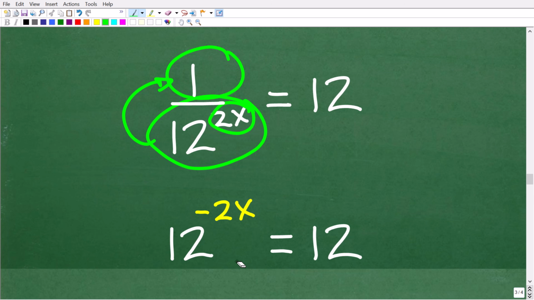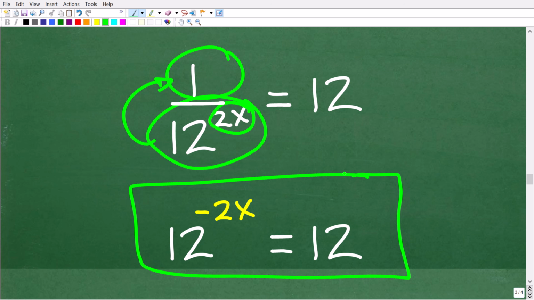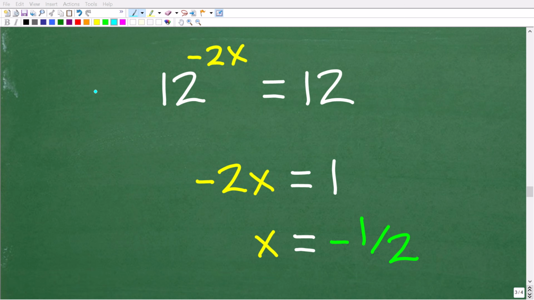All right, now if you understand this, well, the rest of the algebra is going to be super easy because I have 12 to the negative 2x, and this is equal to 12, or 12 to the first power.